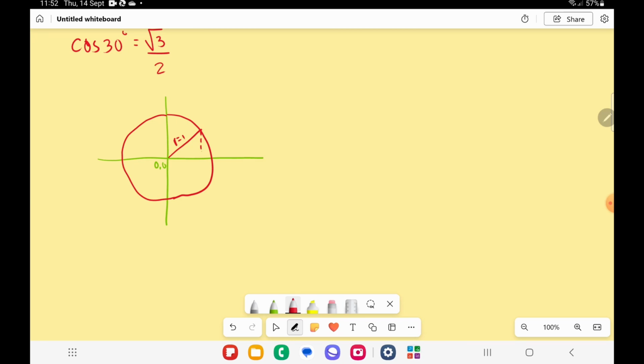This point has x and y coordinates. Now we have a right triangle with a 30 degrees angle. We do not know the length of the opposite and the adjacent sides.